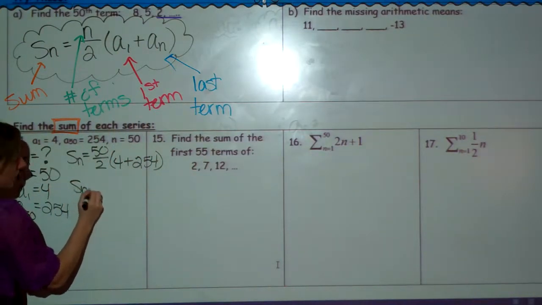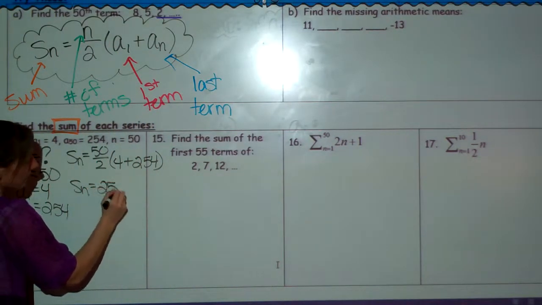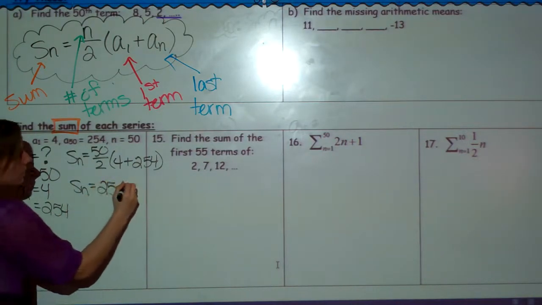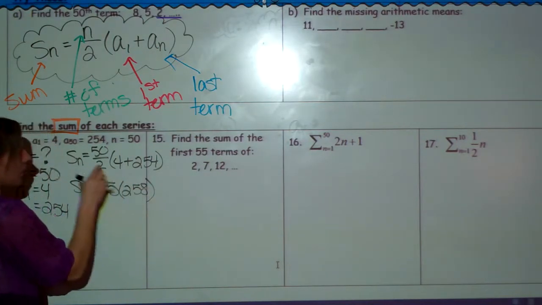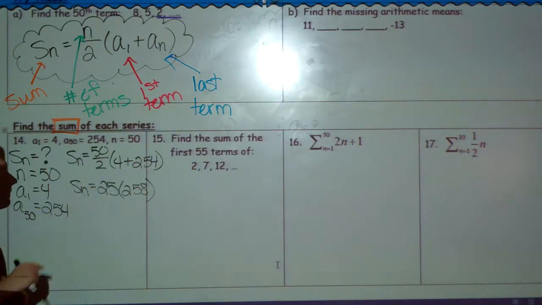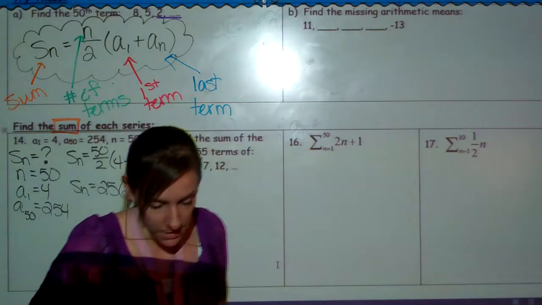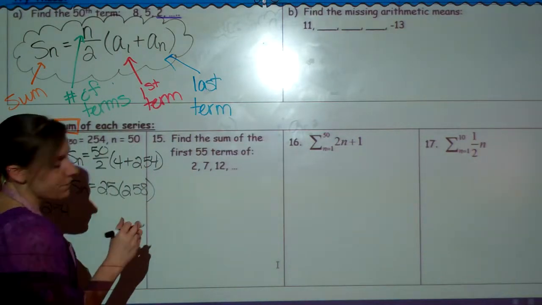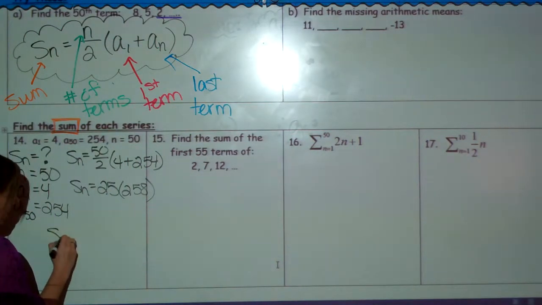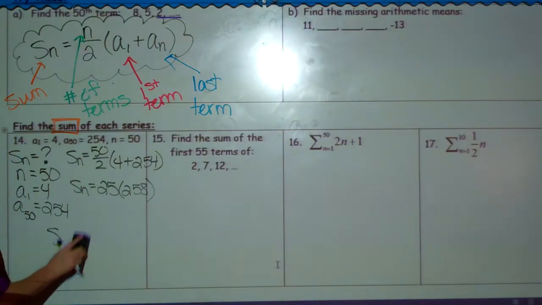So that is really 25 times 258. And all I did was divide that and add that. So 25 times 258 is 6,450. So the sum of the 50 terms.